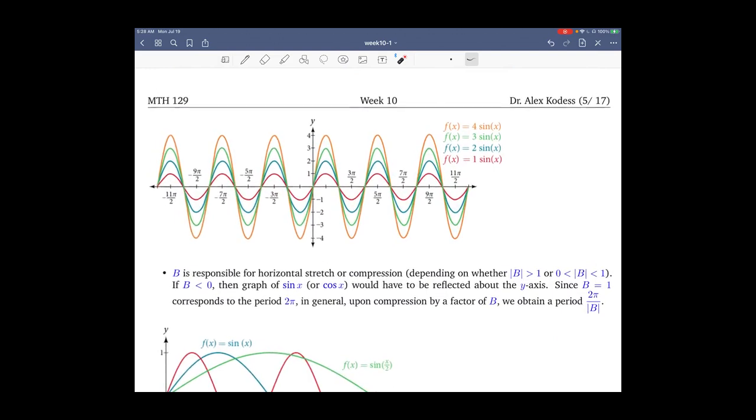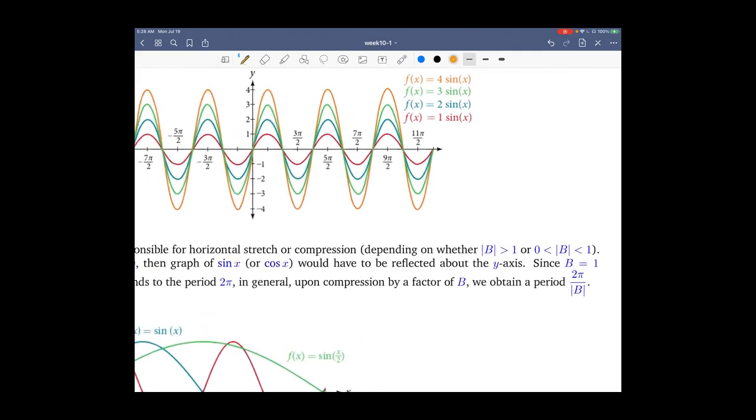So here is an example of the function sine x and various vertical stretches with a factor of 2, with a factor of 3, with a factor of 4. Zeros stay where they are. Zeros, remember, are the points of the form pi times k, where k is an integer.